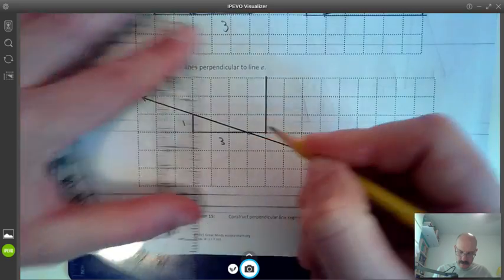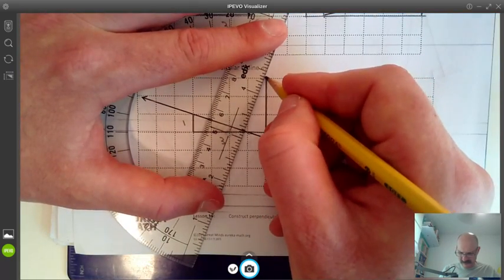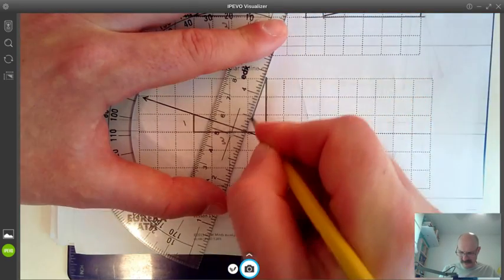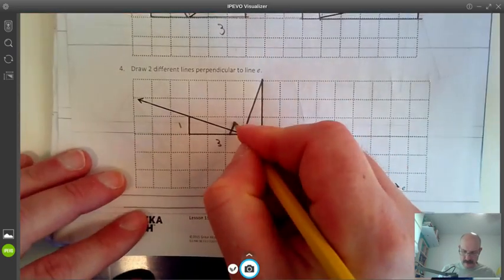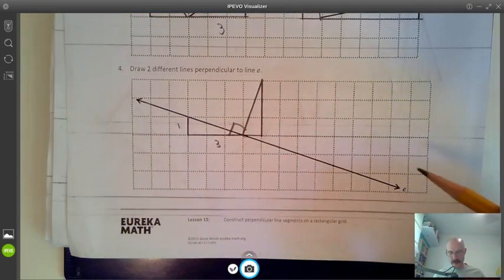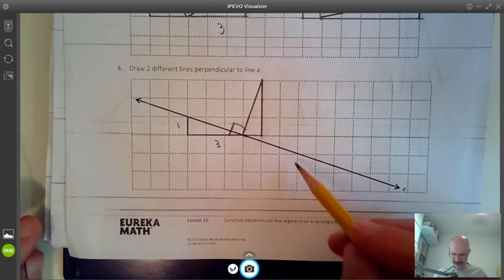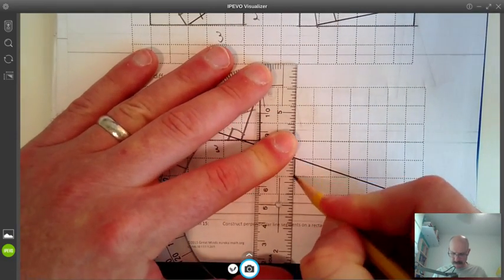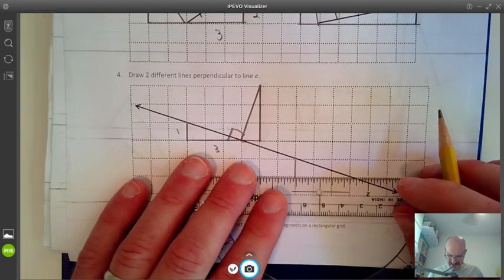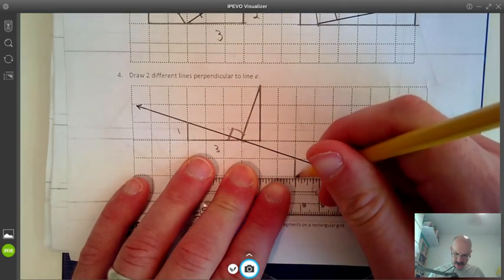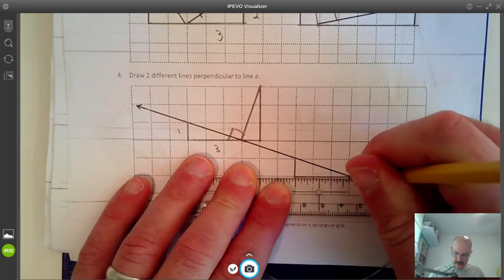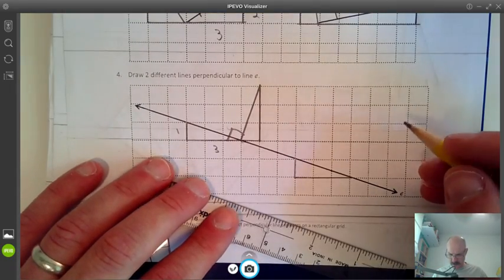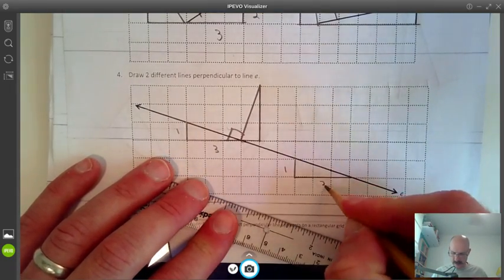First one. Okay, so there's my perpendicular line, and I'll do the same thing right here. And you should be in pretty good shape for another 1, 3.